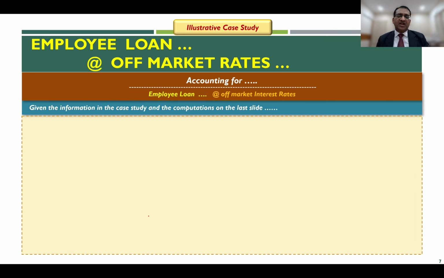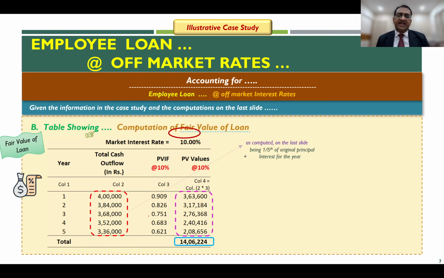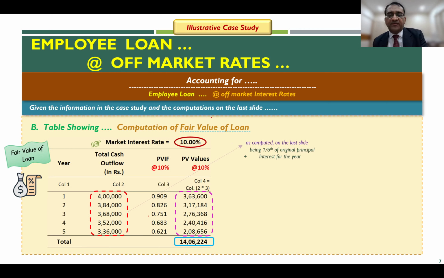So continuing from what we discussed in the previous slide, now we compute the fair value of the loan. The fair value of the loan is, as I said, based on the total cash outflow of 18,40,000, which we computed on the last slide. So for each year, you have an outflow of 4,00,000, 3,84,000, 3,68,000 like this. And in each of these installments, the principal of 3,20,000 in each year is included.